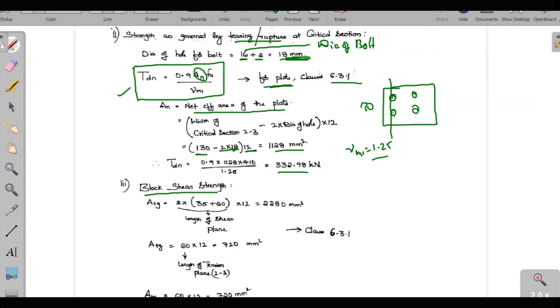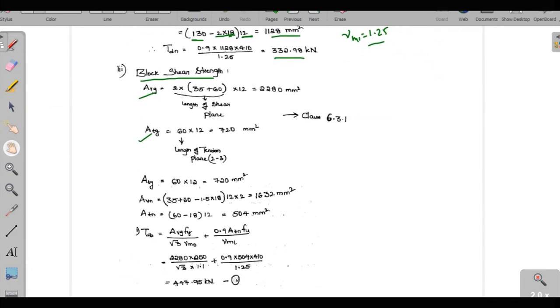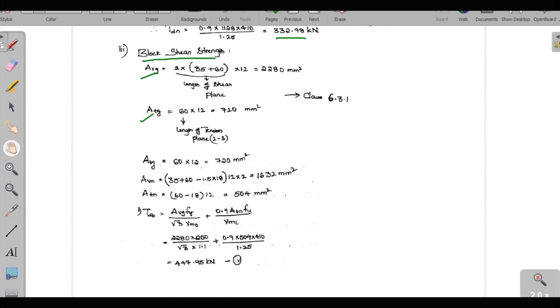And when calculating block shear, we have seen earlier in this video how to calculate all these parameters, right? So according to the code, block shear can be calculated by using 2 expressions. This is the first one. So substitute these values Avn, Atn, Fy, Fu, gamma m0, gamma m1, root 3.